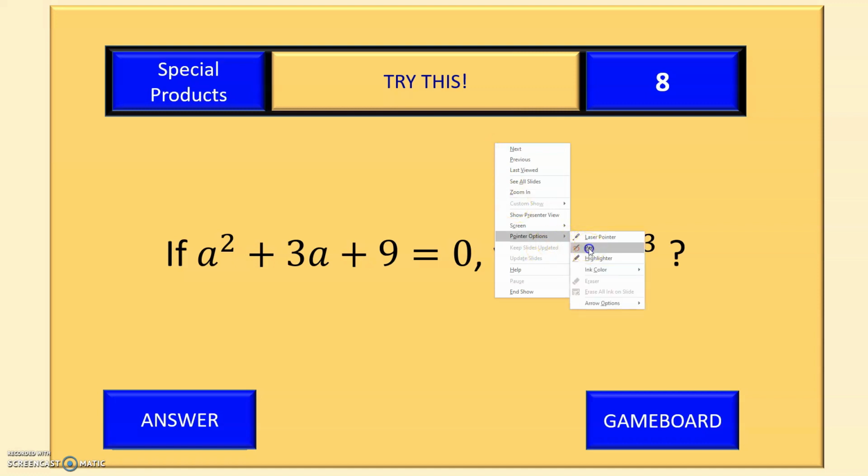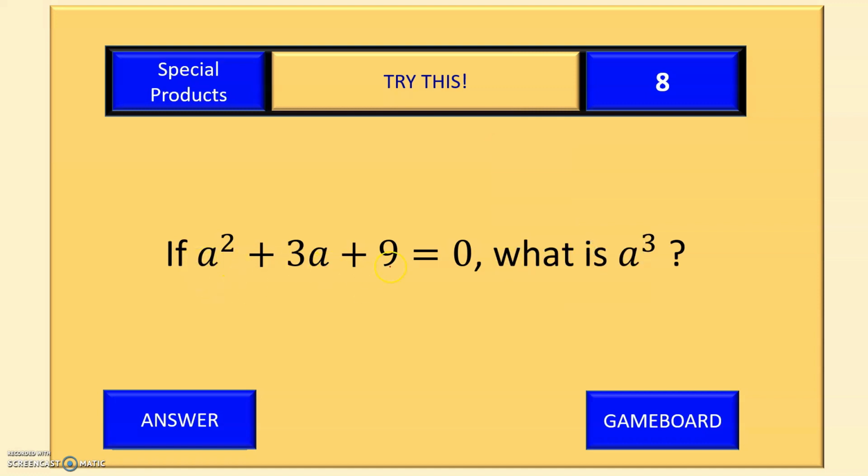Okay, so let's solve special products for 8 points. If a squared plus 3a plus 9 equals 0, what is a cubed? Okay. So, since I'm after for a cube, recall natin yung mga pwede nating magamit. Pwede akong mag-sum or difference of 2 cubes, which is a product of binomial and trinomial. This is a trinomial. So, meaning, ano yung ipa-pair ko or i-multiply kong binomial dito? Okay, so this is a squared plus 3a plus 9.